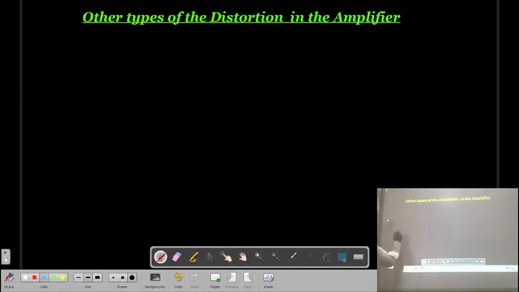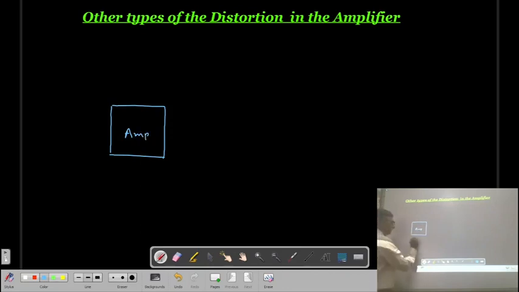In harmonic distortion, as you already know, we have an amplifier circuit. This amplifier circuit contains a non-linear device, like a transistor.